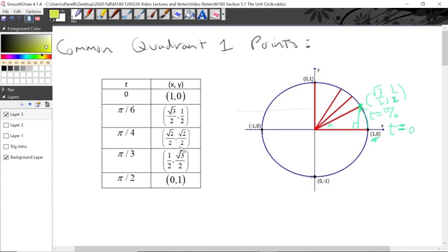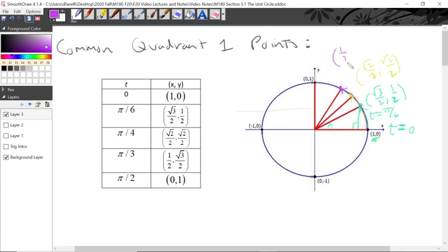If t is equal to pi over 4, that would be the distance along the unit circle to this point right here. The coordinates of this point would be root 2 over 2, root 2 over 2. If t is equal to pi over 3, that would be the distance leading to this terminal point right here.